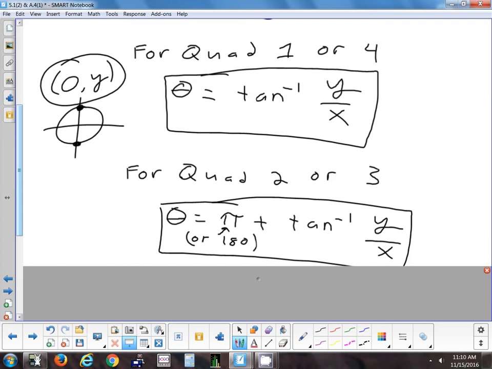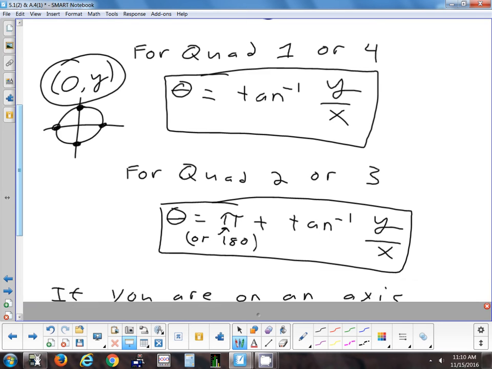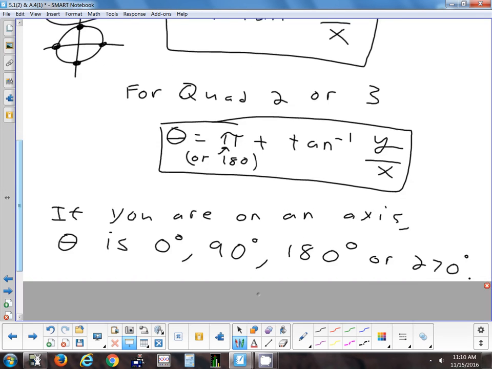Okay, so if you're at one of these 4 points that I just marked, you just have to know the answer is either 0, 90, 180, or 270. Okay, how would you know? You just graph your point. Okay, so let's say you had the point -2, 0.